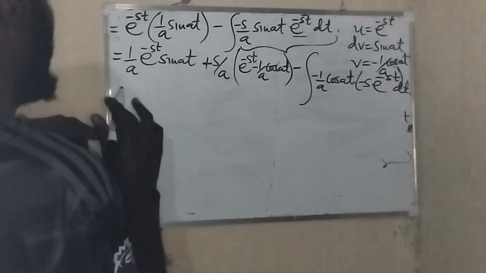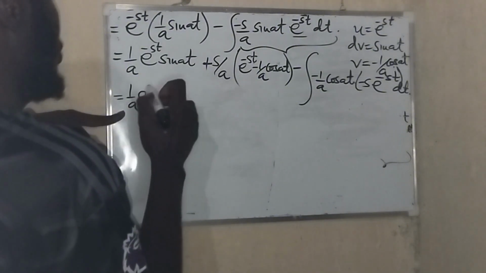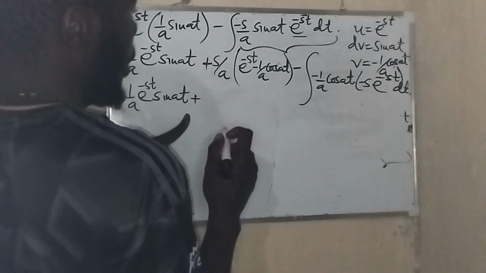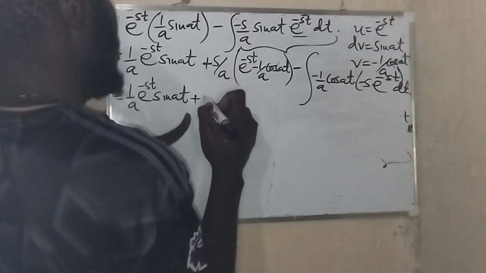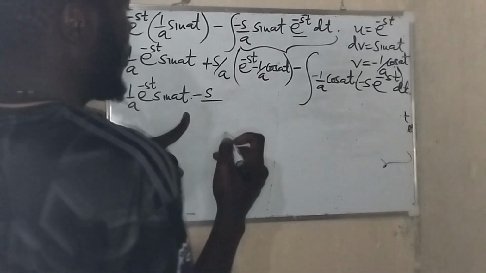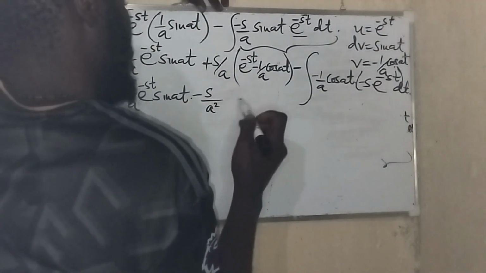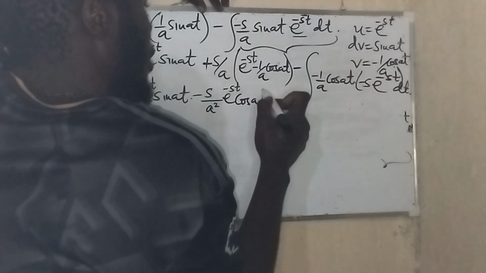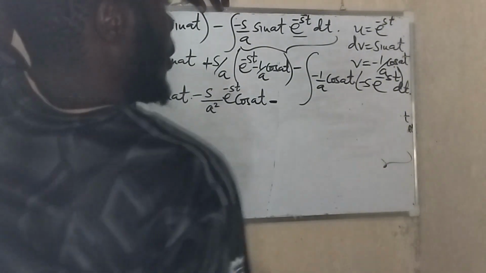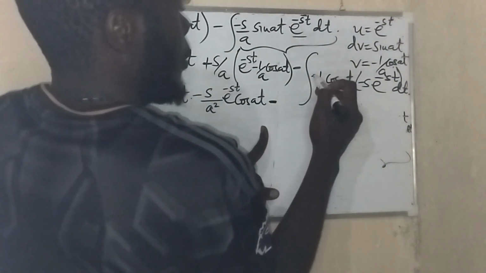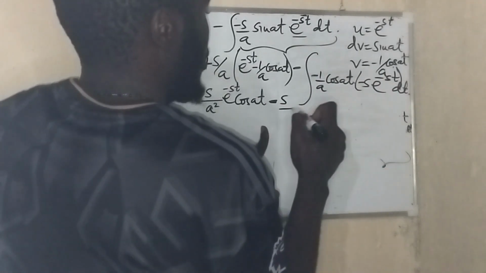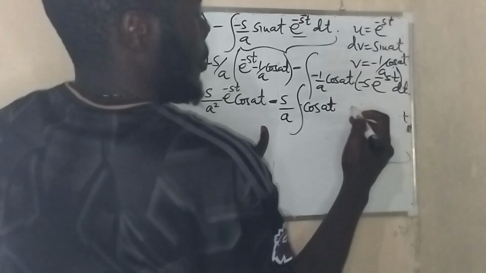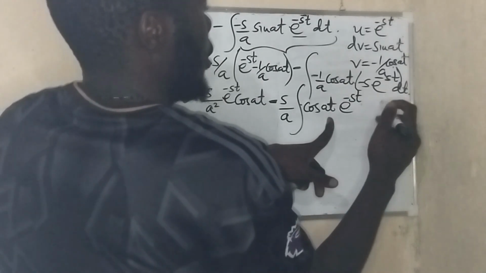So this one will simplify to 1 over a exponential negative st sine at, plus minus, so minus s over a squared, then exponential negative st cos at, minus s over a, then the integral of cos at exponential negative st dt.